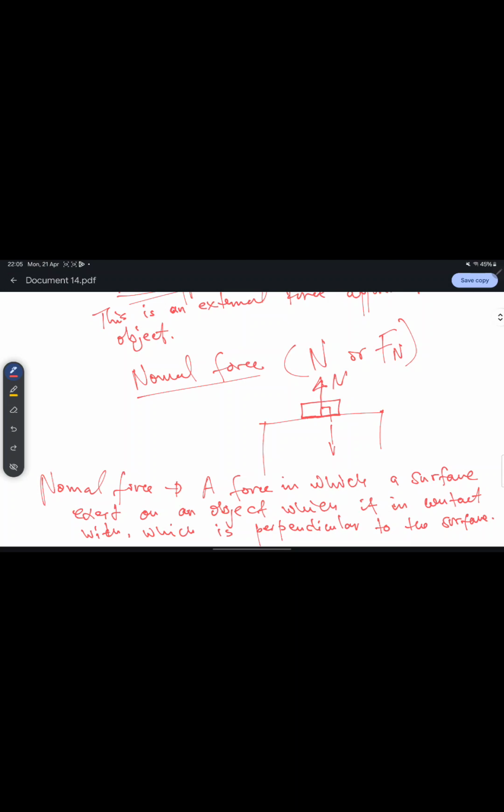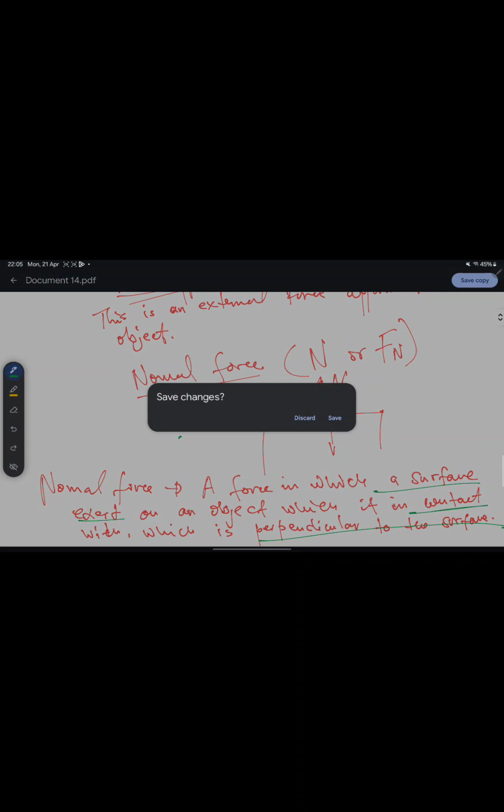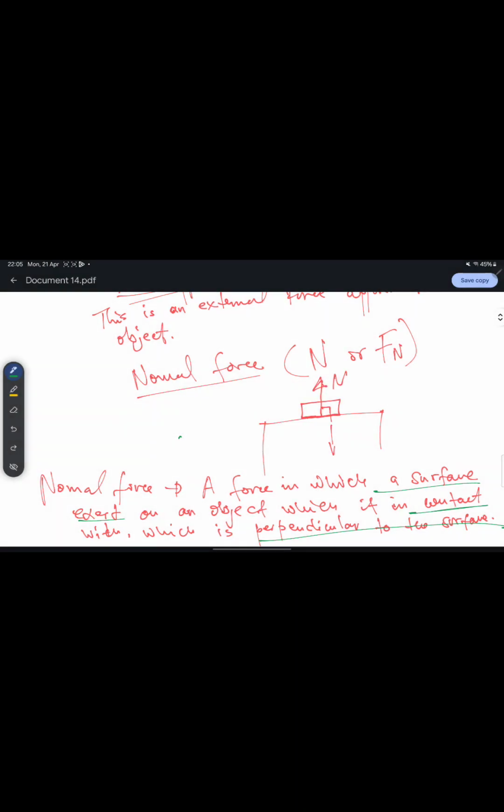That is a normal force. You have included that it is a contact force. You have included that it's exerted by the surface. You have included that it is perpendicular to the surface. All right.